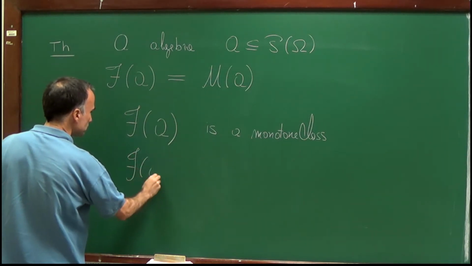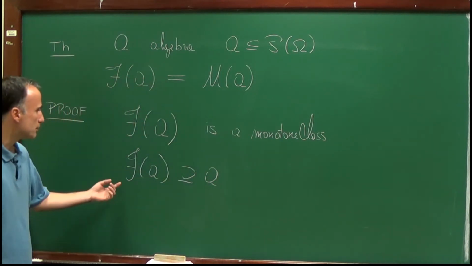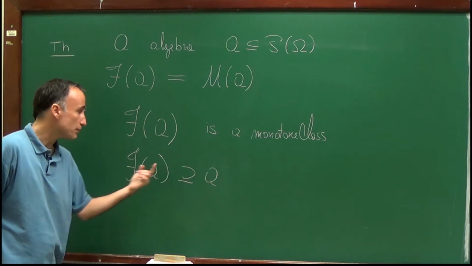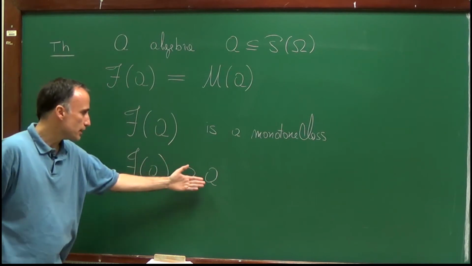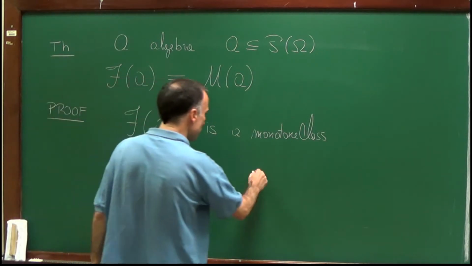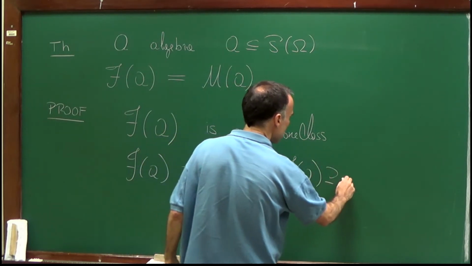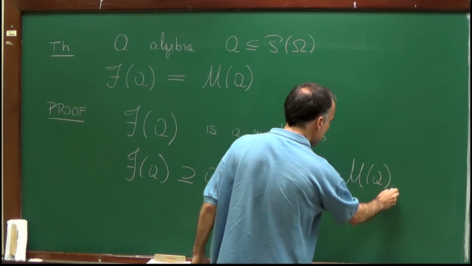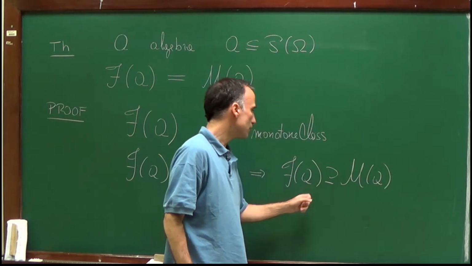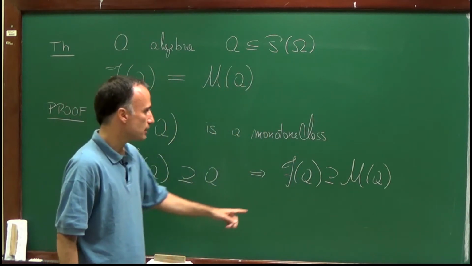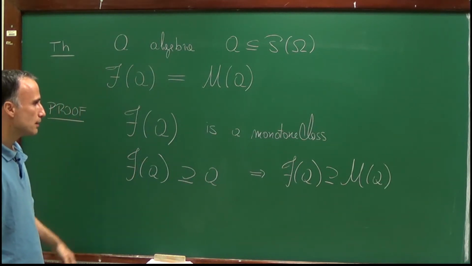Certainly F of A contains A, because it's the smallest sigma algebra which contains A. So F of A is a monotone class which contains the algebra A. Therefore, by definition, F of A also contains M of A. So the fact that the monotone class generated by the algebra A is contained in the sigma algebra generated by the algebra A is elementary and has been proved in 2 lines.